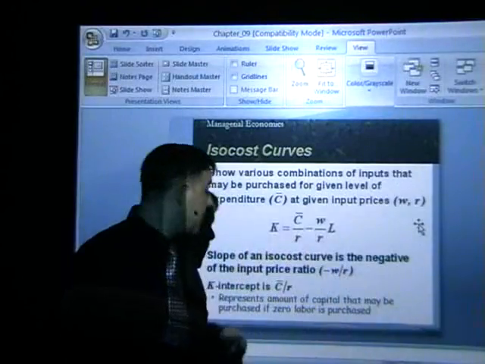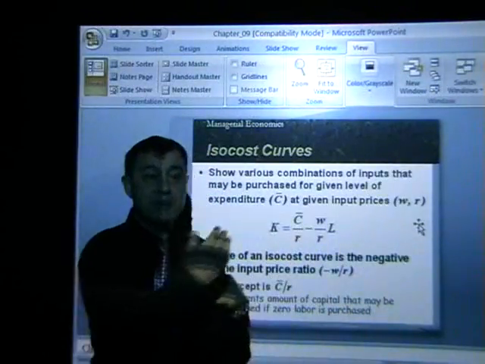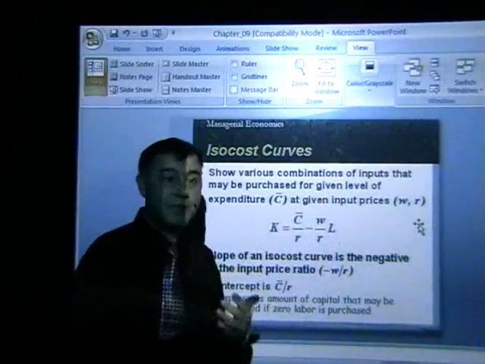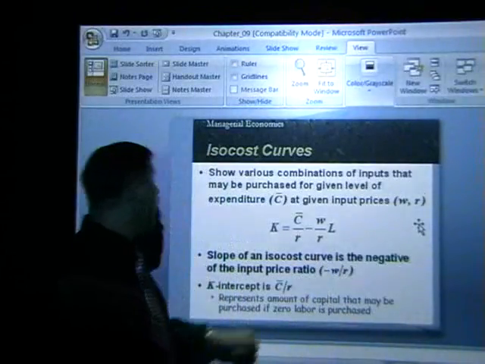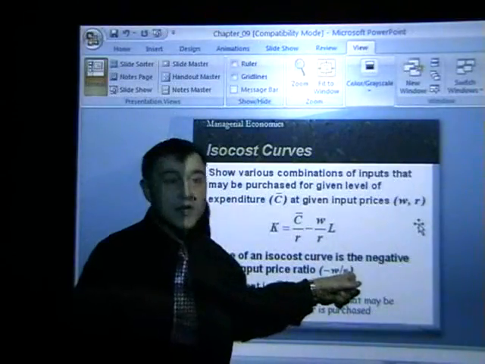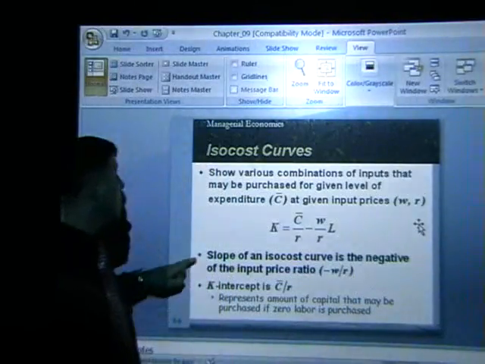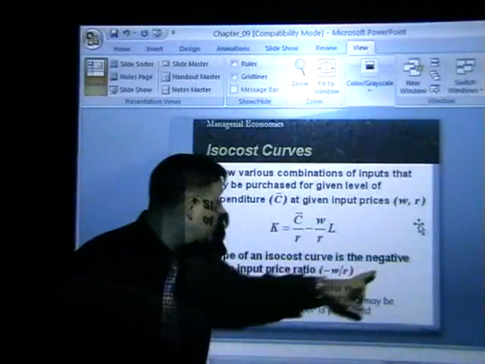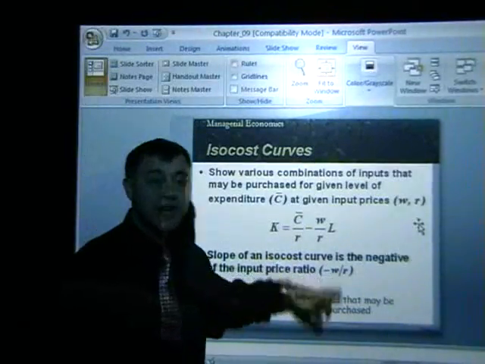The ratio is that of their relative prices. So the substitution of labor for capital is simply the cost of labor, which is W, and the cost of capital, which is R. We call it the return on capital. So the slope of an isocost curve is the negative of the input price ratio.